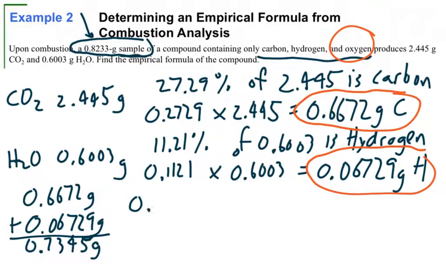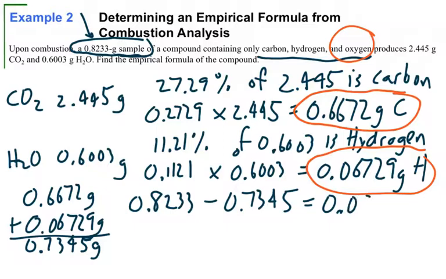So look what you're going to do. If you get the mass of the entire sample, 0.8233, minus, so we're going to subtract it with the number that we just got. Remember, this number here is the C and the H together. When you subtract the sample minus the C and the H together, the difference, which is 0.0888, is going to be your grams of oxygen.